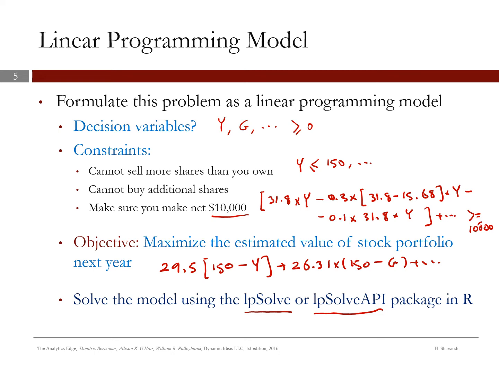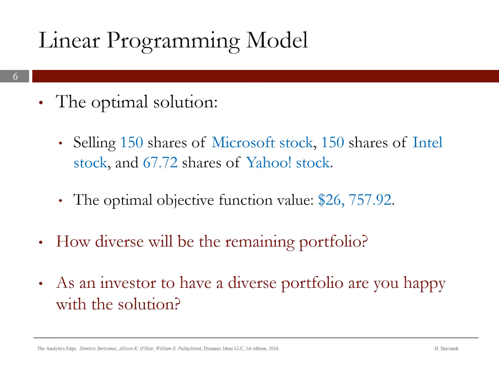If you obtain the optimal solution in R, this would be our solution here, selling 150 shares of Microsoft stock and 150 shares of Intel stock and 67.72 shares of Yahoo stock. Okay, and the optimal objective function value would be this. This is our estimate of the value of our portfolio for the next year.